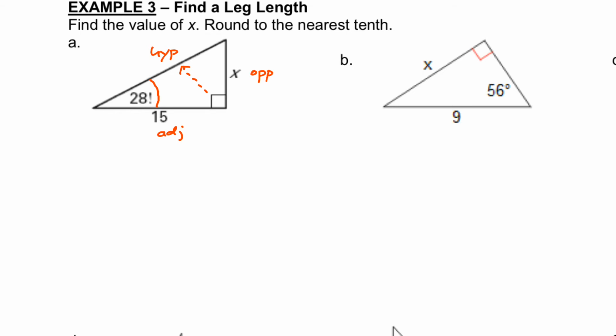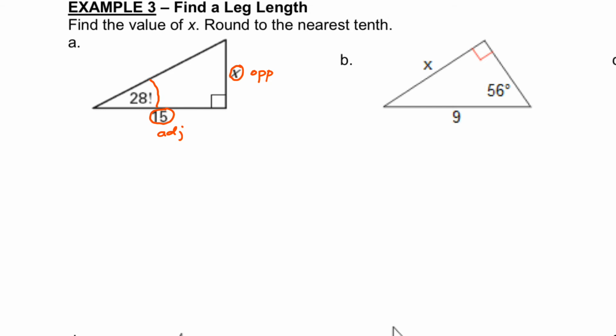So in part A, we're going to want to use the opposite side length because we're trying to find x. And we're going to want to use the adjacent side length of 15 because we know that one. It's given to us. In this one, we don't know anything about the hypotenuse, so we don't want to use it, because that's not part of the information we're given, or the x that we're trying to find.